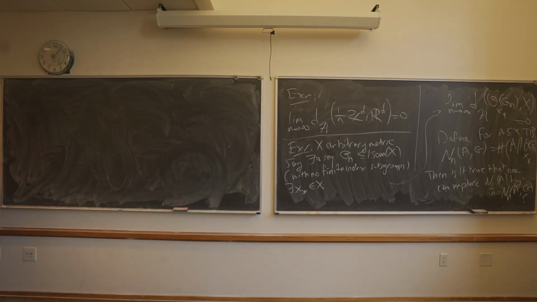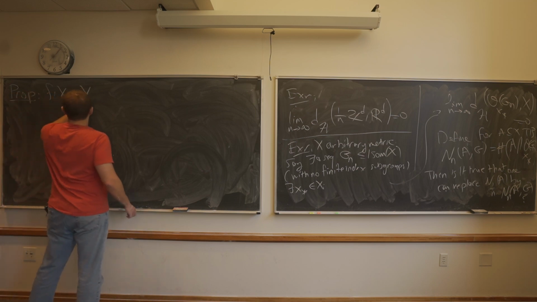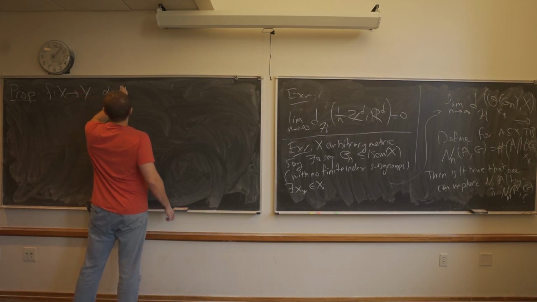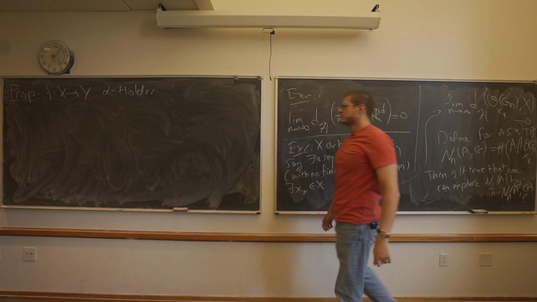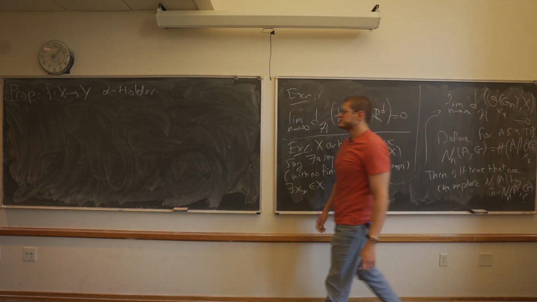So here's a proposition. Okay, I might state it wrong at first. So let's say that I have an alpha Hölder function, so a Hölder function with alpha as the exponent, between metric spaces.